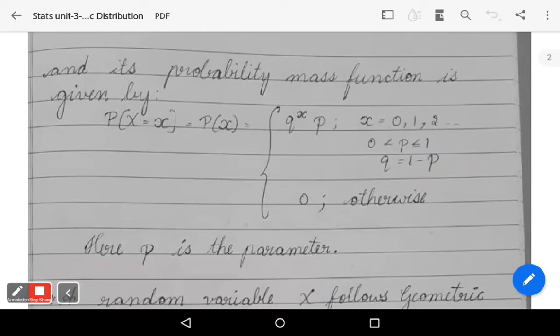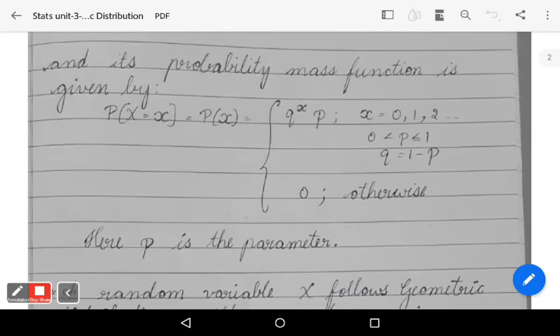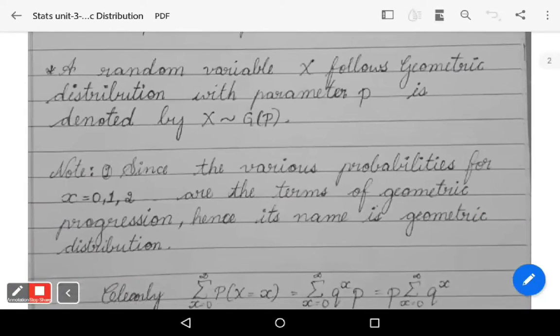So a random variable capital X is said to follow the geometric distribution if it takes only non-negative values, and its probability mass function is defined in this way. P of X is equal to Q power X into P, where X varies over 0, 1, 2, and so on, and P and Q are related by Q is equal to 1 minus P, 0 otherwise, where P is the parameter.